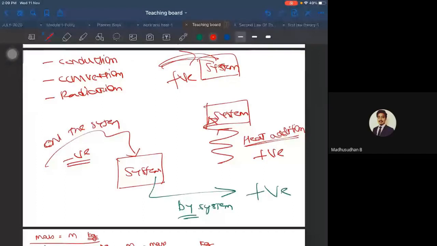In another fashion, there is a system from which the heat is getting transferred to the surroundings. In this particular case, the system is transferring heat to the surroundings. Is the system gaining the heat or losing the heat?